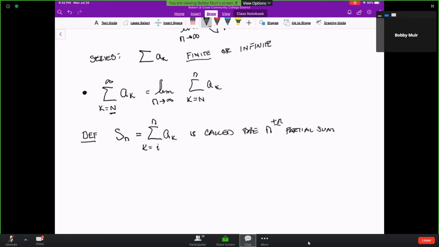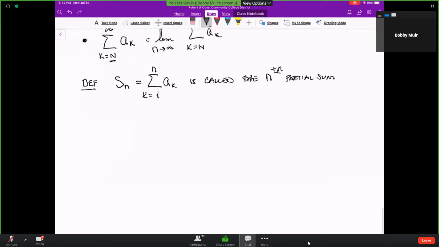So from this, we get a new sequence: the sequence of nth partial sums.